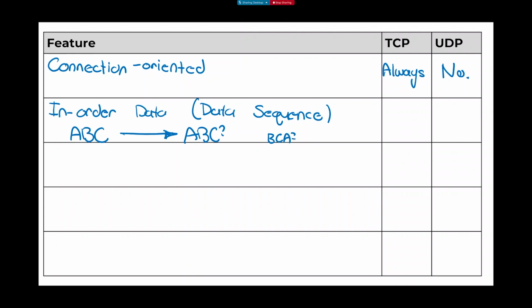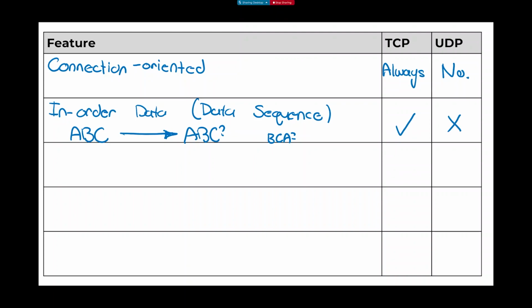Because as things travel across the internet, one packet may take longer to arrive because some computer along the way is slower. So do I want to make sure that if I send the letters ABC, you get ABC, or are you okay receiving BCA, out of order transmission? If we're using TCP, we get this. If we're using UDP, we don't.